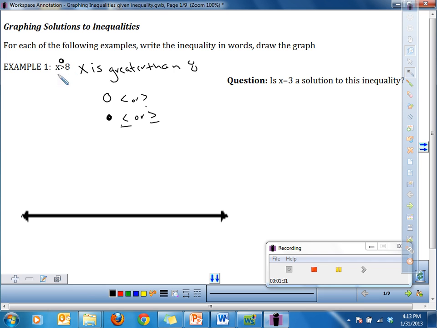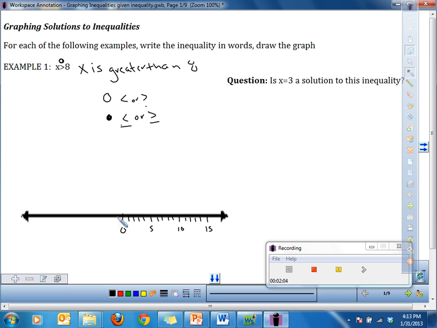So to graph x is greater than 8, the first thing I need to do is label my number line. I'm going to put 0 in the middle, and then I'm just going to go up by 1: 1, 2, 3, 4, 5, 6, 7, 8, 9, 10, 11, 12, 13, 14, 15.